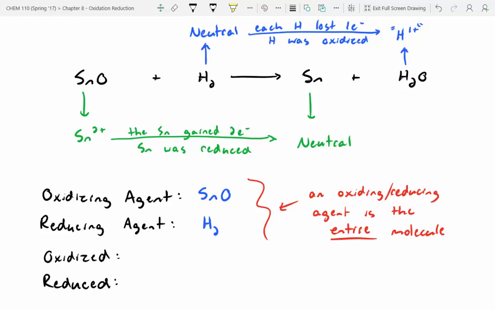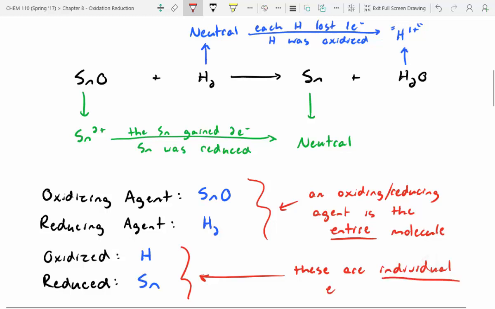I didn't say H2. I said each hydrogen. That means that hydrogen was oxidized. So if we went down here, we'd say, all right, this would be hydrogen, and then this would be tin. So down here, when you're looking at what's oxidized and reduced, these are individual elements, not the entire molecule. It's a little bit weird to think of it that way. Does that make sense?